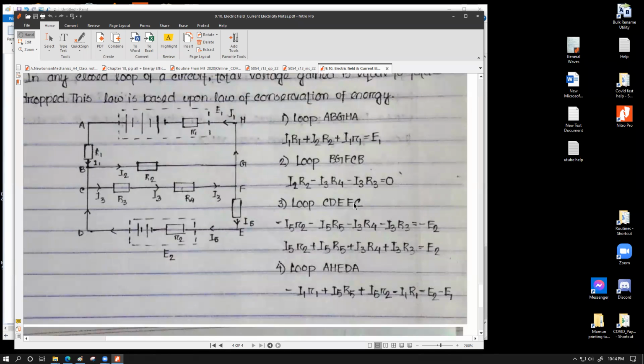If you just reverse the order of observation of this same loop, so that it is observed as CFEDC, you would get exactly this equation. Check it out. Now try to go through CFEDC and see if you get this equation. Let's go part by part. CFEDC.